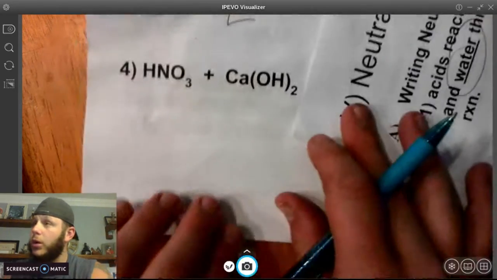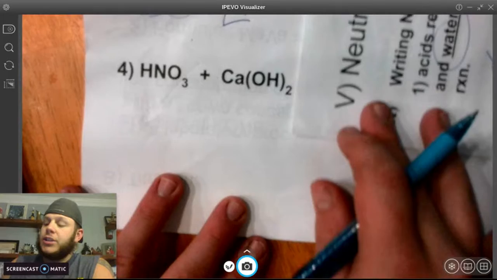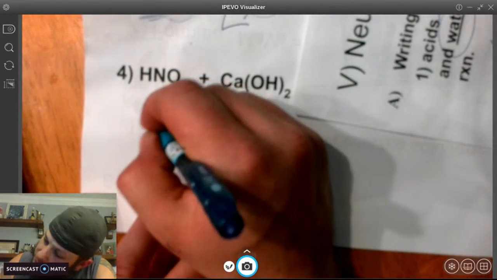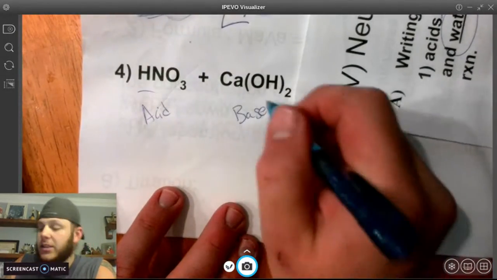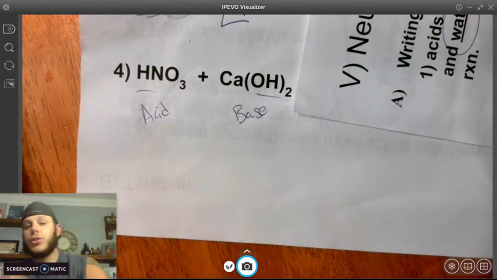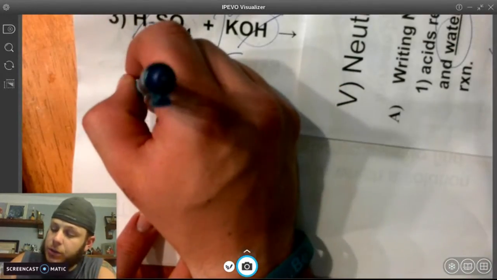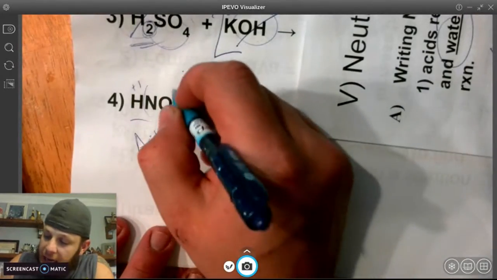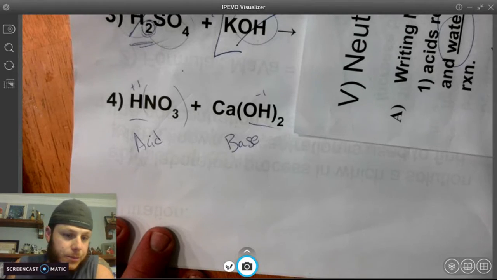Let's do one more. HNO3, Ca(OH)2. This is an acid. This is a base. How is that an acid? It's got an H. How is that a base? It's got an OH. Cool, great, wonderful. H is always +1. OH is always -1. Can we not have to look at the reference table and you can tell me what the charge of NO3 is?